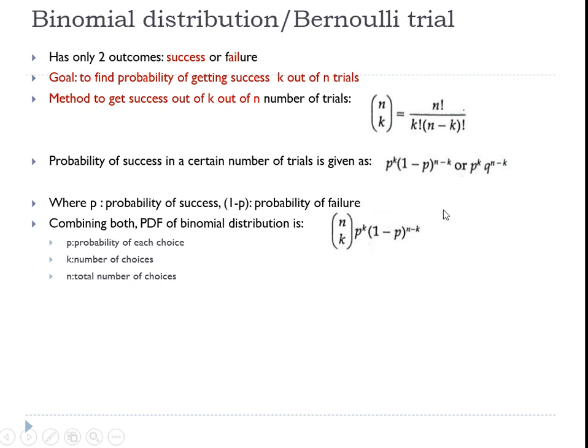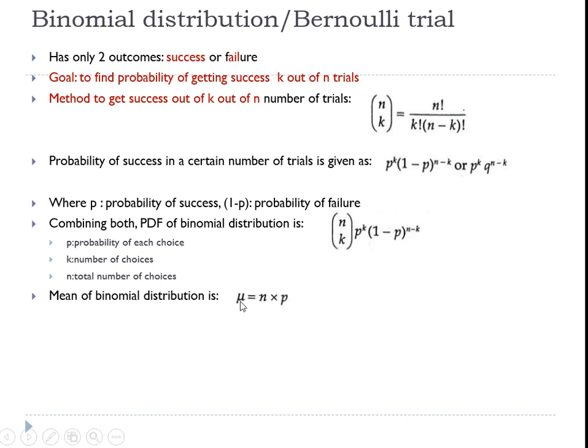This is the PDF of the binomial distribution, which we got by combining this equation and this equation, where k is the number of successes, n is the total number of trials, and p is the probability of each trial.